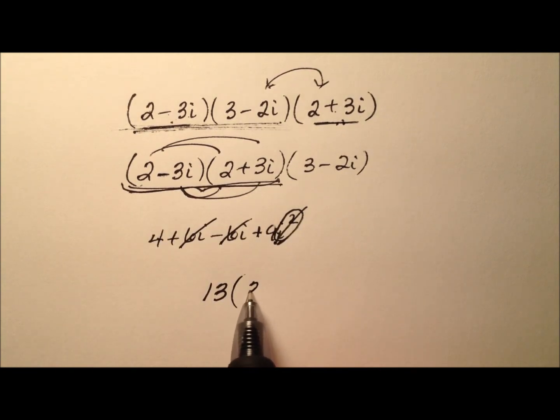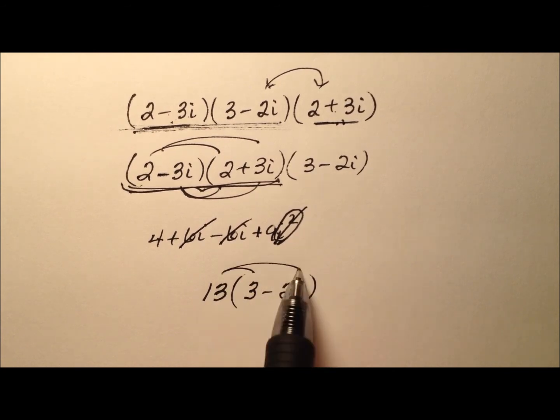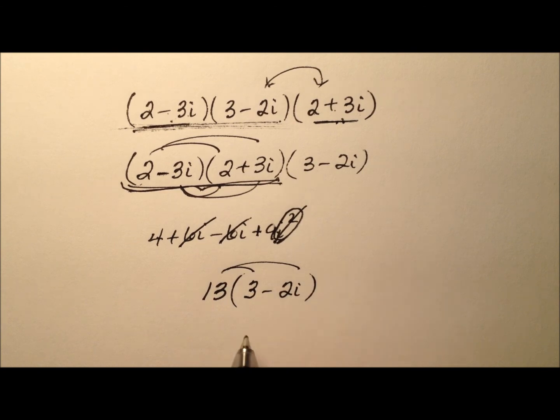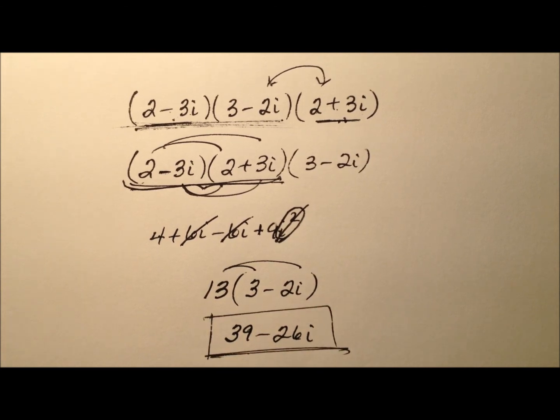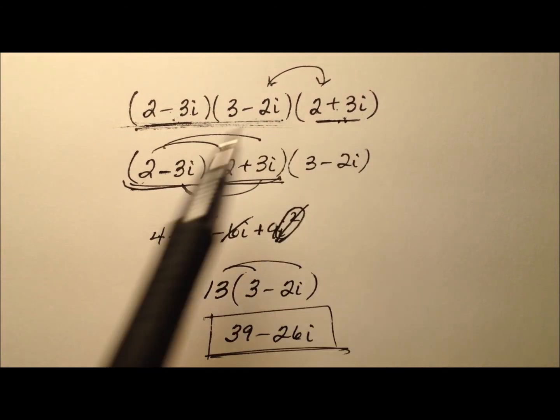So now multiplying that by our final complex number 3 minus 2i is a simple distribution. So 39 minus 26i will be this final complex number when I multiply these three together.